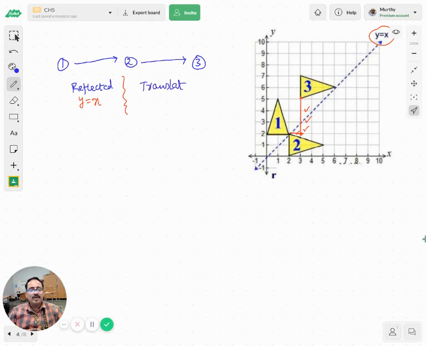How is it translated? I see that it moved to right side by 1 block. Therefore, xy, this one becomes x plus 1, and moved up by 1 block, 2 blocks, 3 blocks. Therefore, I say that 3 blocks up means on y-axis plus 3. Then let's go to the next question.